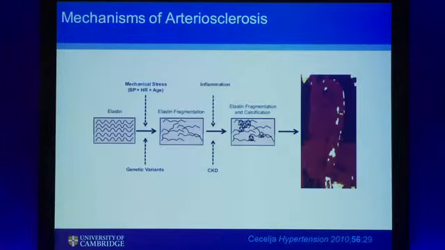And in the accompanying editorial, Verhofjenschik suggested that what we might look at as a paradigm for stiffening of the arteries was disruption of the elastin driven by things like age, heart rate, blood pressure, and perhaps genetic variants, and that may act as a focus for calcification, and that inflammation may be involved in that process of calcification. And it's this role of inflammation in arterial stiffening that I'm going to spend the majority of my session talking about.